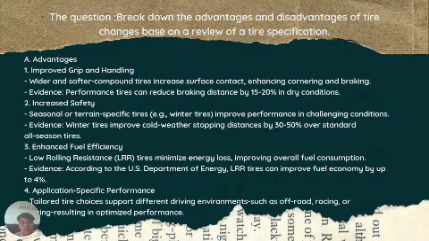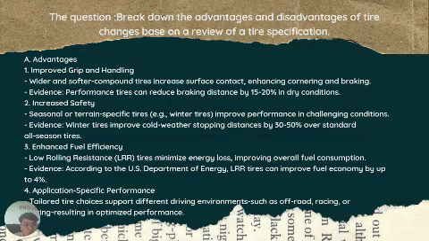scrubbing. Okay, next I will talk about the advantages of tire change based on a review of a tire specification. First is improved grip and handling. Wider and softer compound tires increase surface contact, enhancing cornering and braking. The evidence is performance tires can reduce braking distance by 15 to 20% in dry conditions.